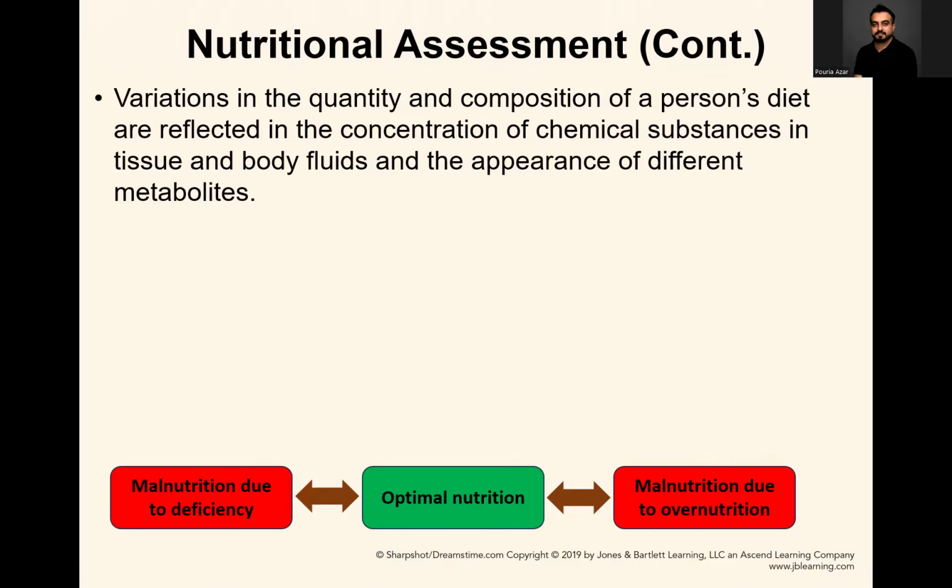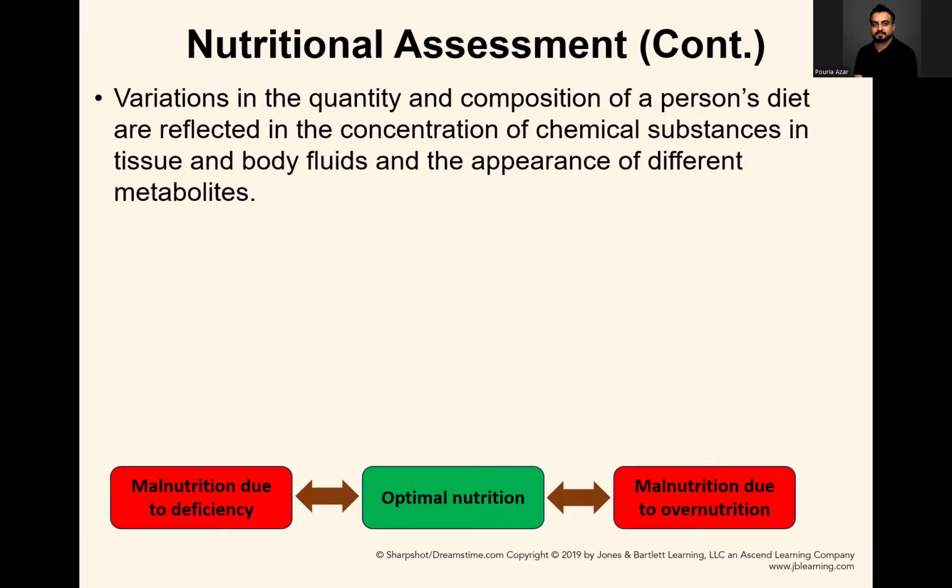Regarding the biochemical data, in our blood, we have some chemical substances which are influenced by the diet and the nutrients we consume. And if we measure those chemical substances, they can reflect the person's diet composition and quantity.